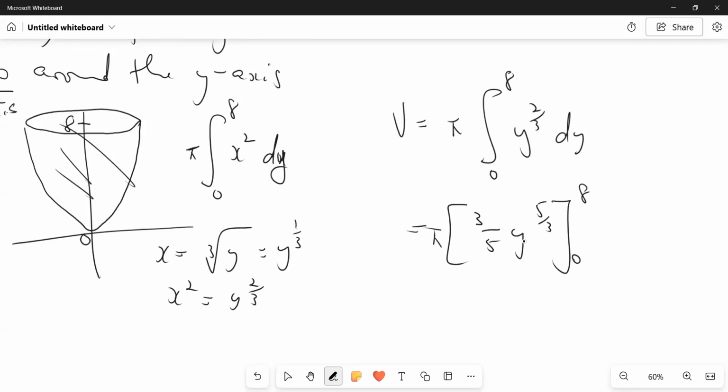Put 8 in there, and when you finish, this is what you're supposed to get: 96 pi over 5. That's your volume. Simple as that. I'm not going to get more complicated than this, so I'm going to stop right there.